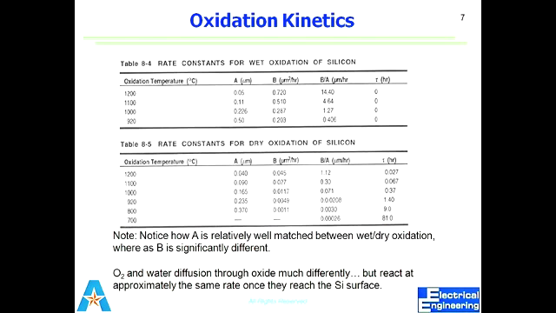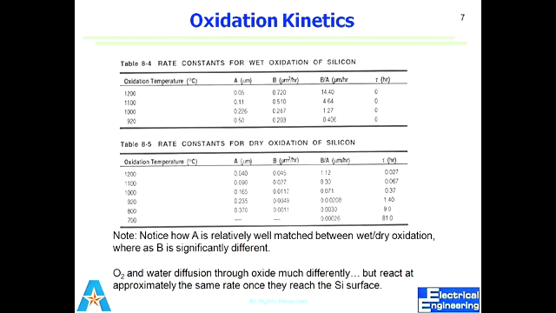And one more thing you should see from here is that the first table is talking about the wet oxidation, and the lower table talks about the dry oxidation. So what do you see? Is dry oxidation faster or is wet oxidation faster? Wet oxidation is much faster as compared to dry oxidation.